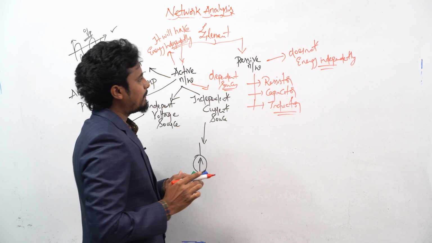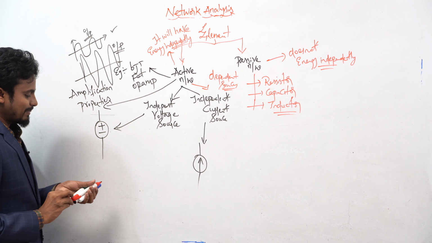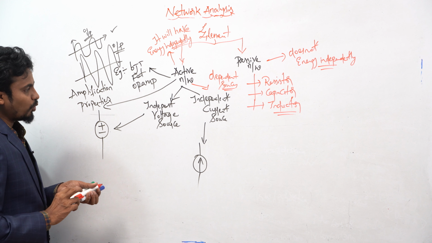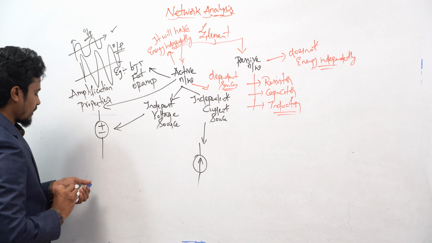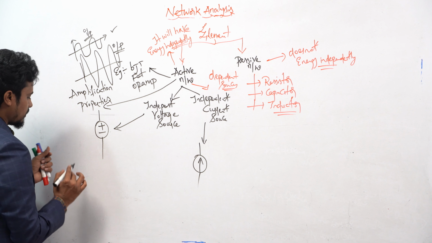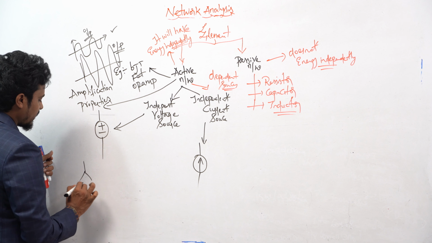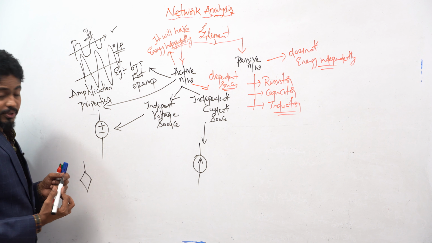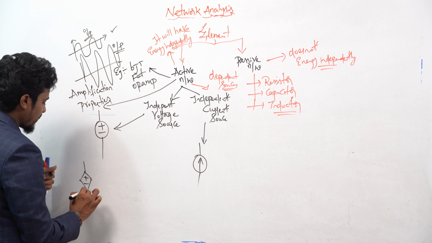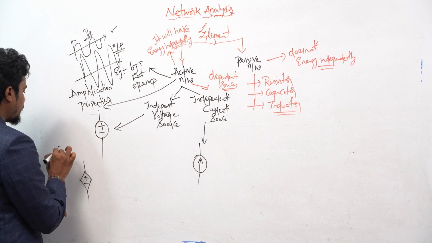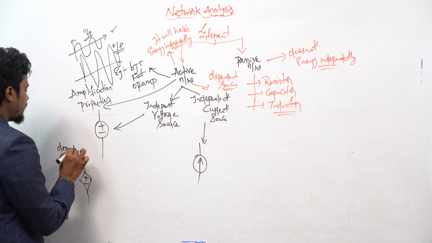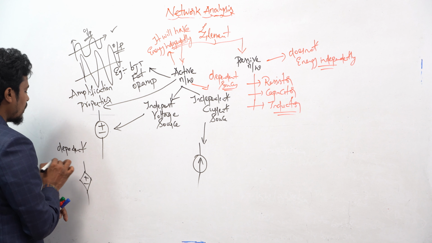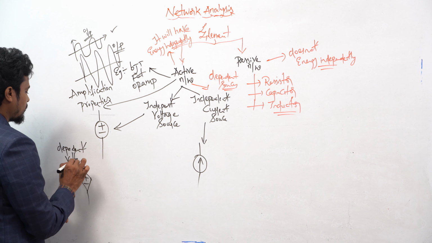The symbol for the dependent voltage source is a diamond shape with plus and minus inside. This is your dependent voltage source.